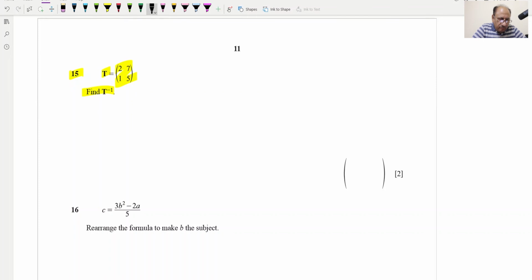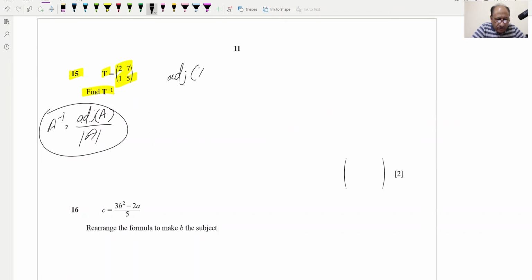So inverse of a matrix is equal to adjoint of the matrix over its determinant; for example, A inverse is equal to adjoint of A over mod A. This is the formula we will be using, and we can find the adjoint of T by swapping the positions of 2 and 5 and changing the signs of the other two, giving -1 and -7.